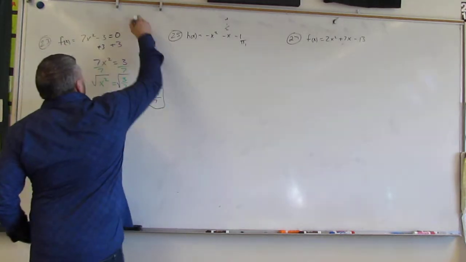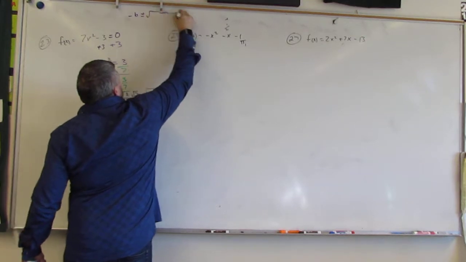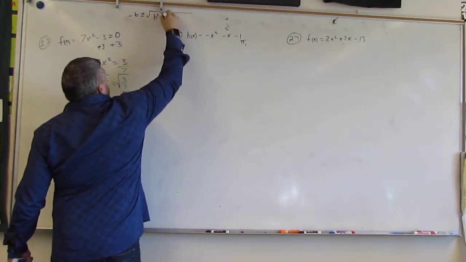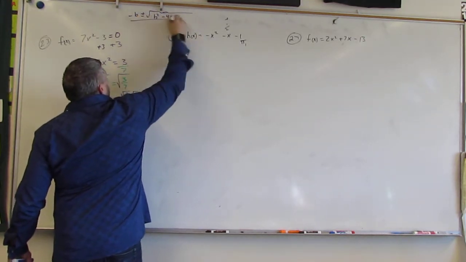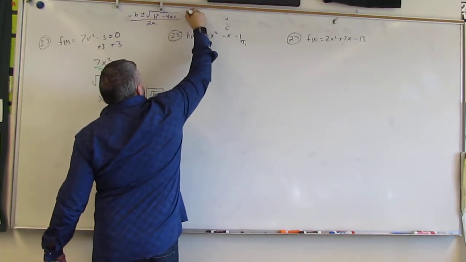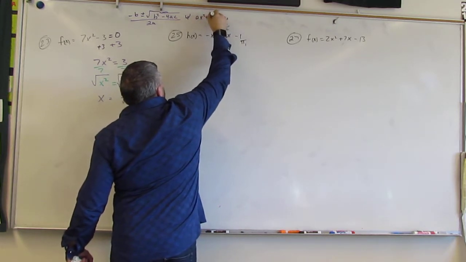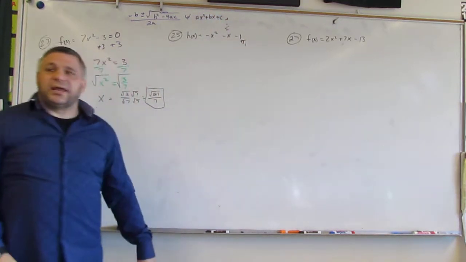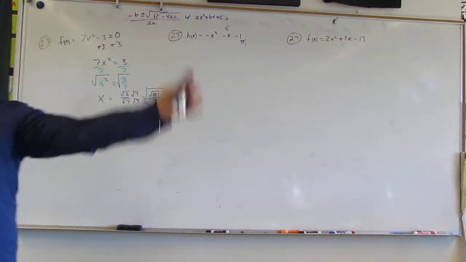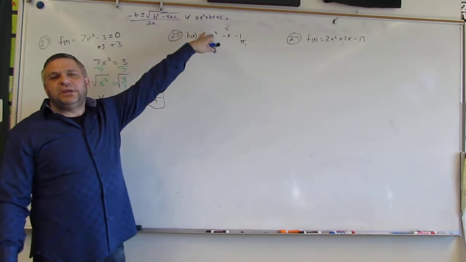Negative b plus or minus the square root of b squared minus 4ac, all over 2a. Whereas ax squared plus bx plus c is the quadratic. Okay? And you guys remember me talking about that 2ax plus b, right?